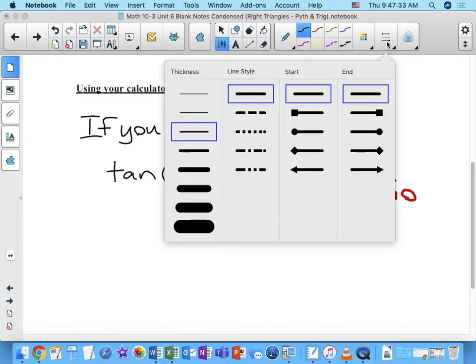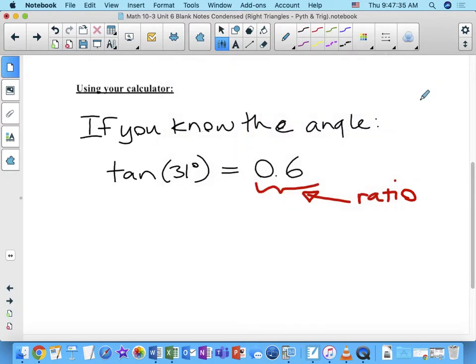If you know the angle, and want the ratio. Okay?